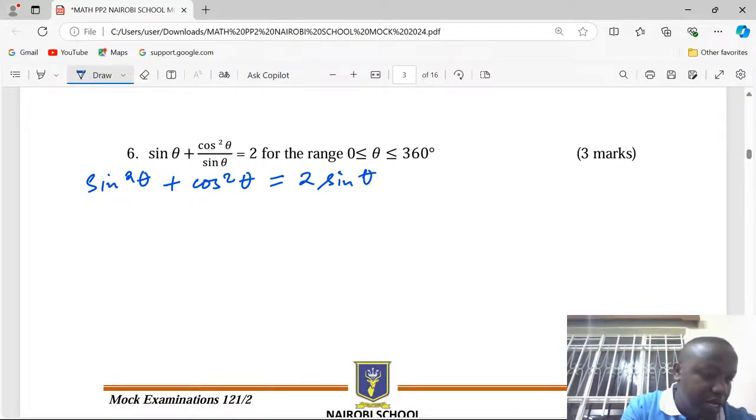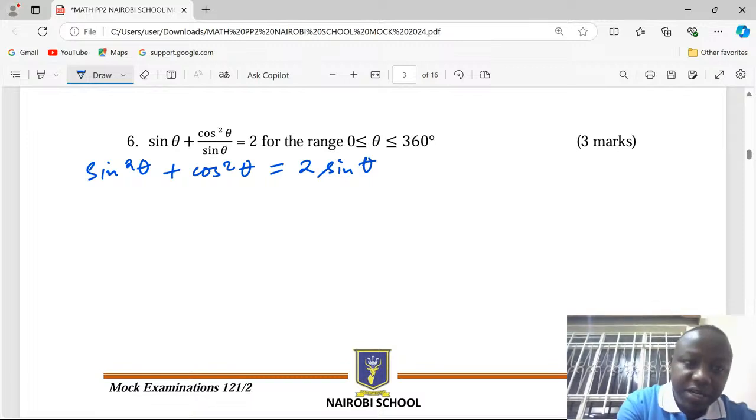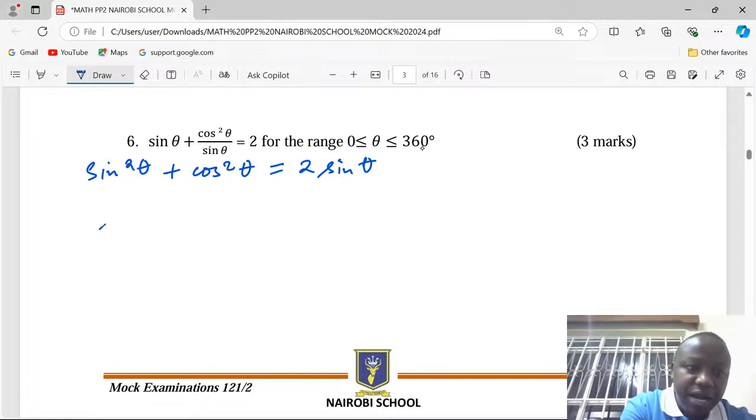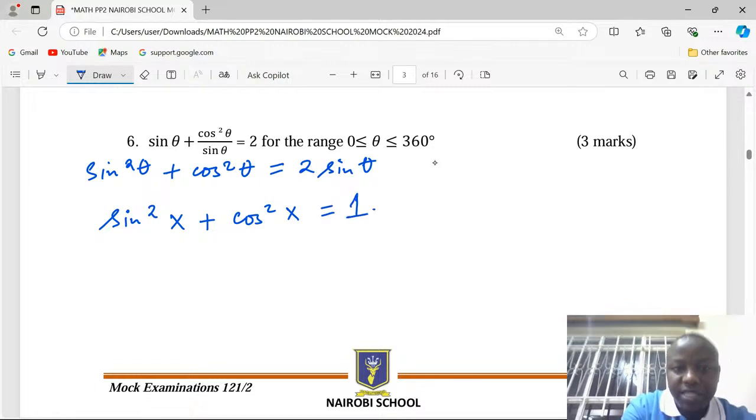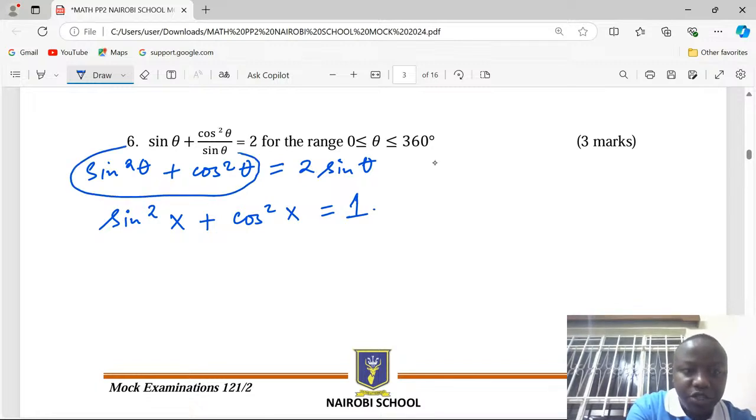At this point, we are going to apply a trigonometric identity, which says that when we have the sine squared of an angle, we can call it x, plus the cosine squared of the same acute angle, we usually get 1. This identity now will be applied here so that we may conclude that sine squared theta plus cosine squared theta is equivalent to 1.